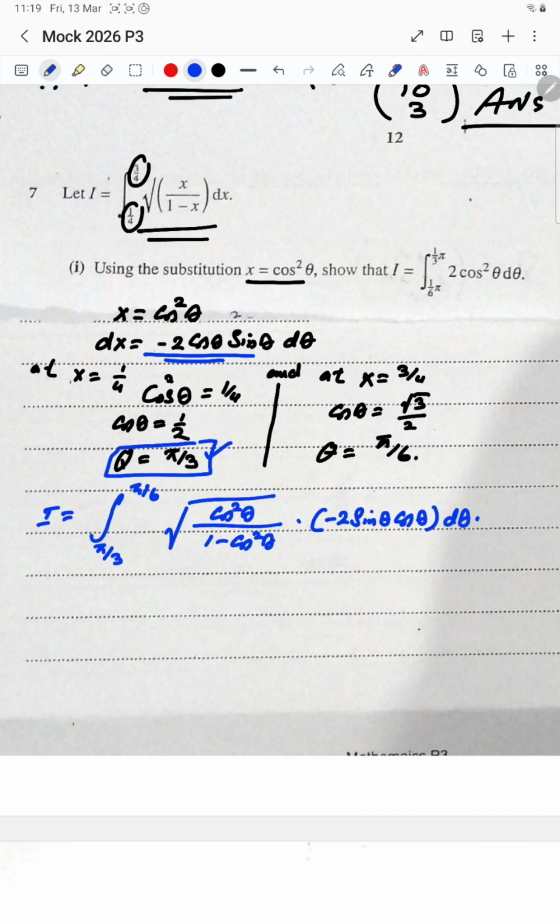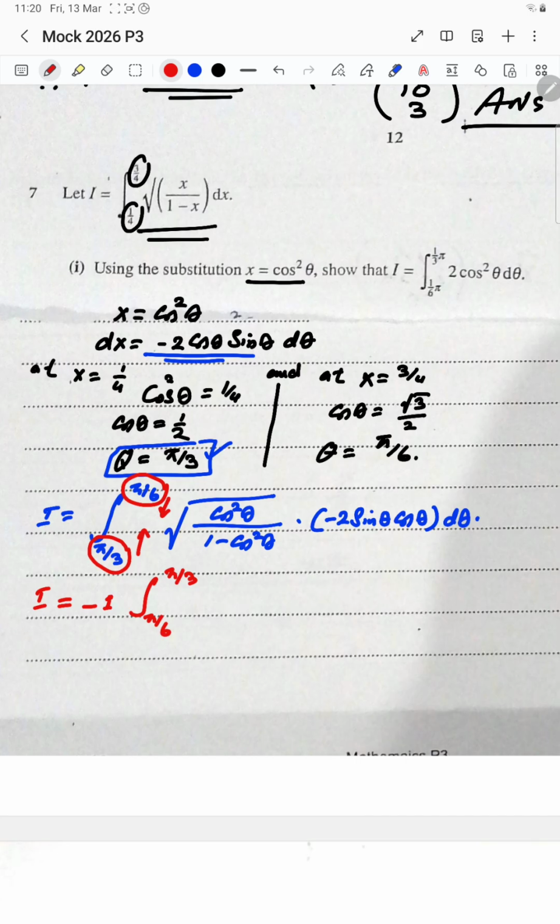Fine. So now I change the limits, applying the rule that if the lower limit becomes the upper limit and the upper limit becomes the lower limit, if you swap these, the negative sign comes out, as we have to show our answer in that form where the limit goes from the smallest to the higher.